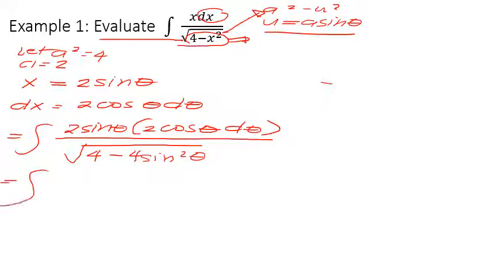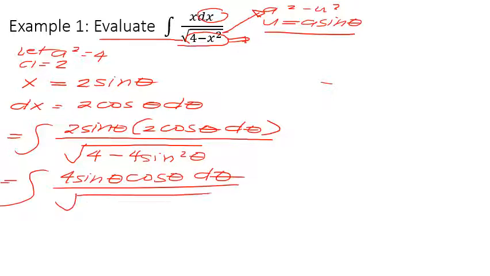So now let's try to simplify the expression. We have 4 sine theta cosine theta d theta. And in the denominator, we could factor out 4, so we have 1 minus sine squared theta, and 1 minus sine squared theta is equal to cosine squared theta.